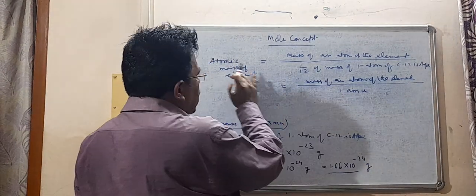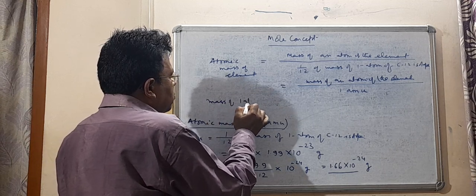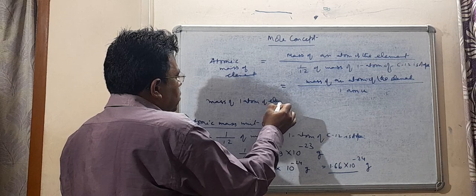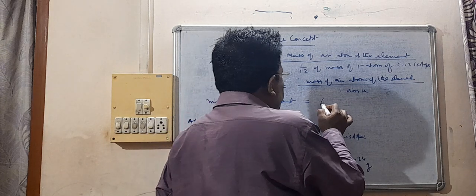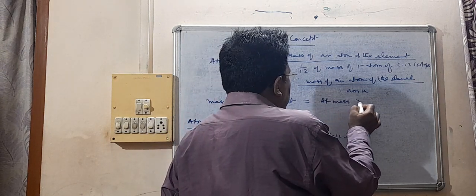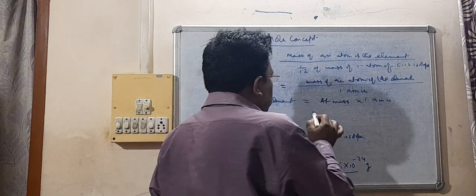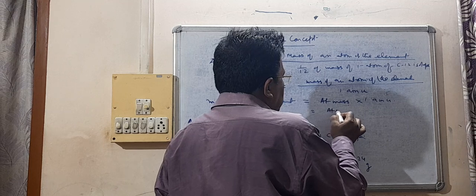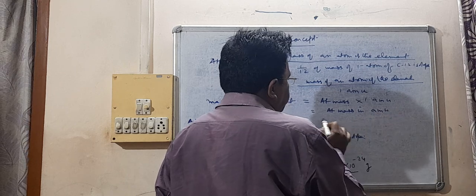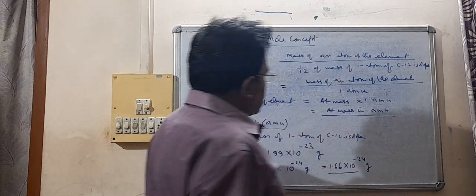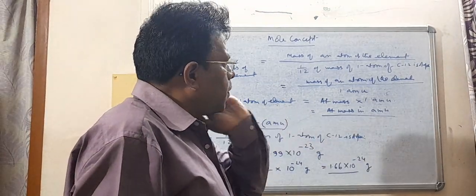So on rearranging we can write mass of one atom of element is equal to atomic mass into 1 AMU. That is atomic mass in AMU. So you see, this is what we have arrived at. Mass of one atom of element is atomic mass in AMU.